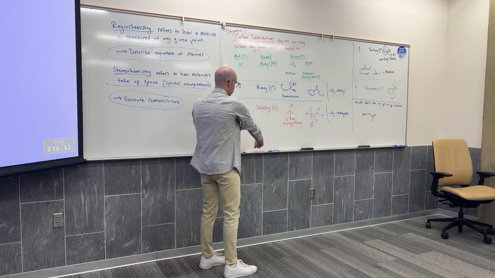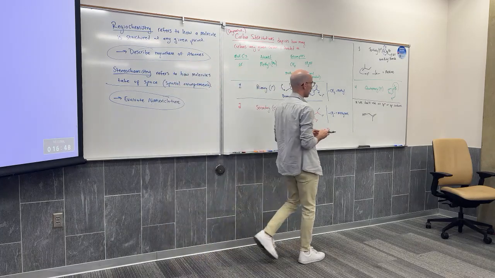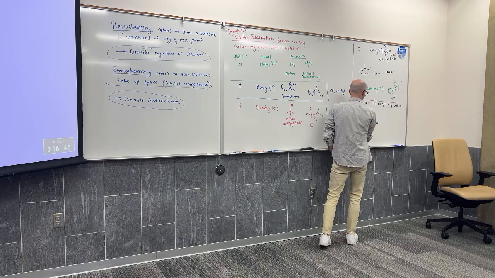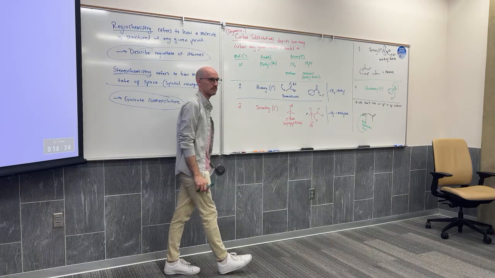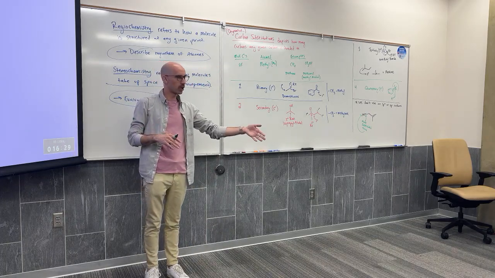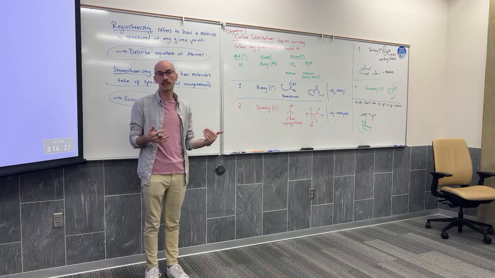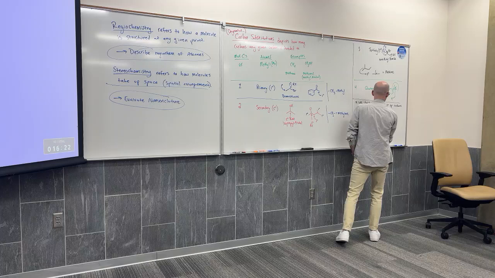Now, we might not use the terminology here of primary, secondary, tertiary, etc., but I can still say that this carbon is more substituted than this carbon. We can still apply the regiochemistry. One carbon is more substituted than the other. One carbon is bonded more times to other carbons. And we can do the same thing on this alkene.